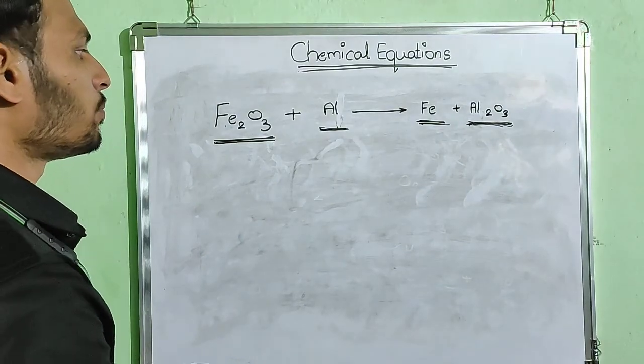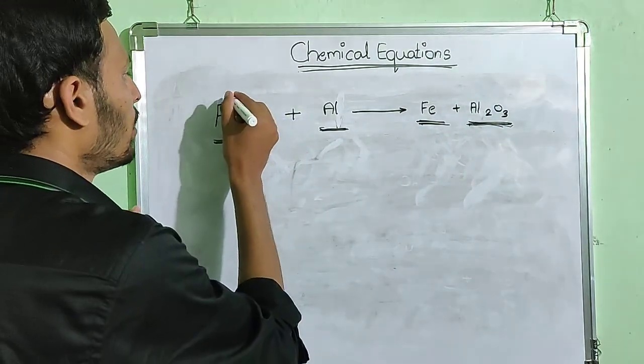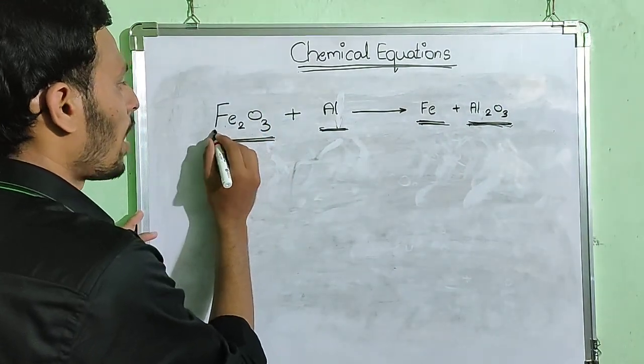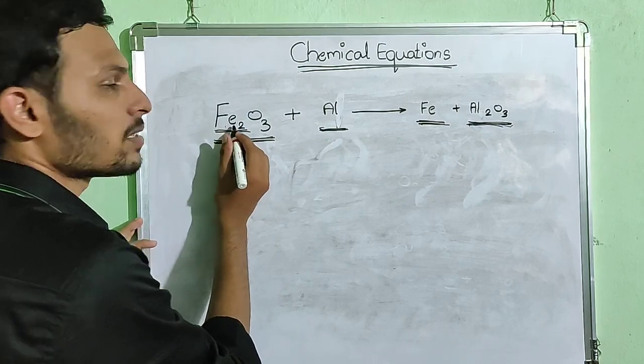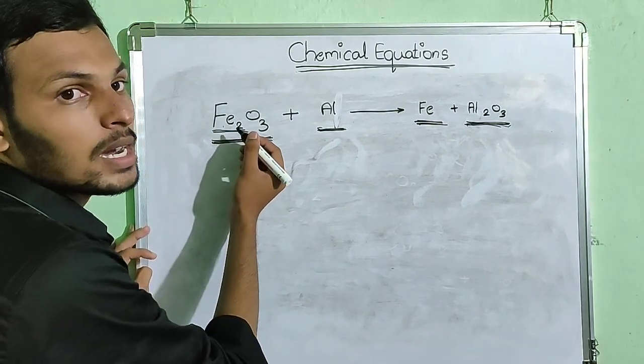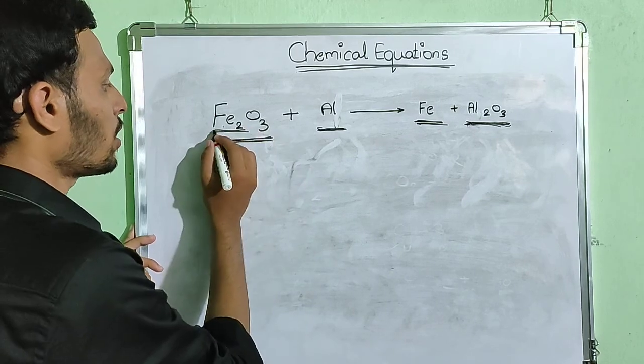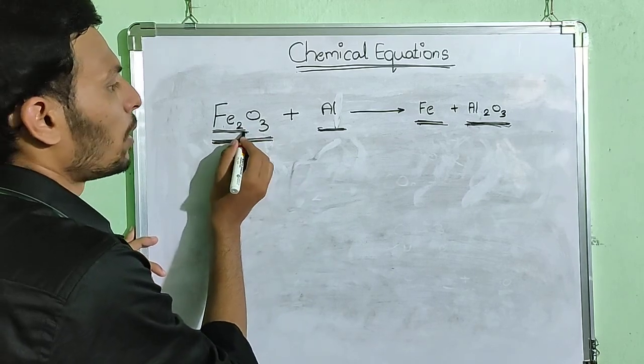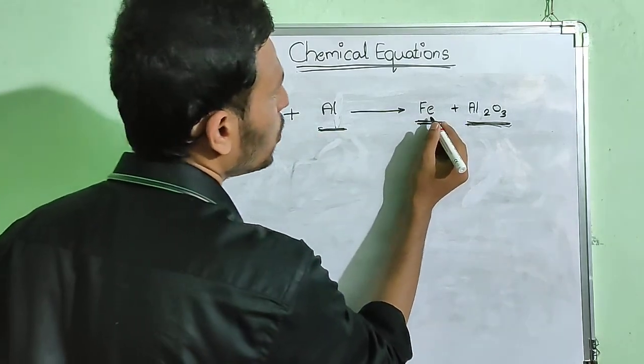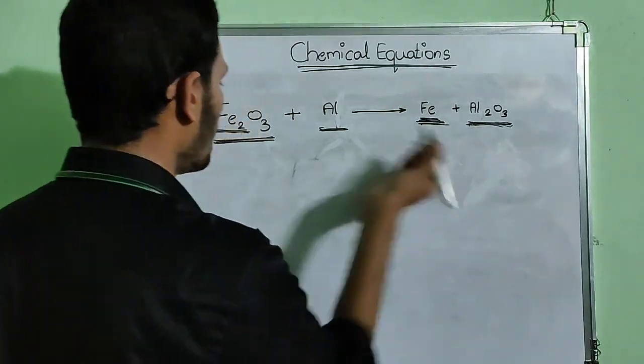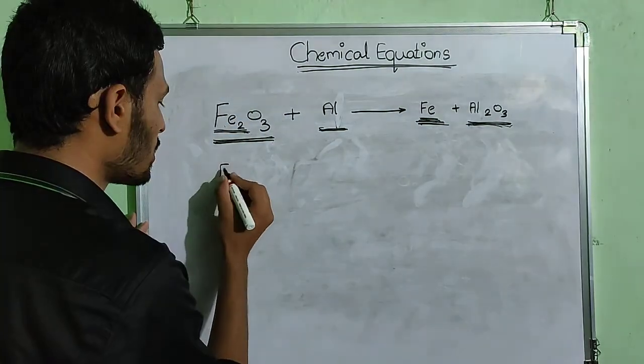See, firstly we have 2 iron atoms. Fe is nothing but ferrous, which is represented instead of iron. So iron we have 2 molecules, but we have only 1 molecule of iron here. So I'll write the complete equation again.